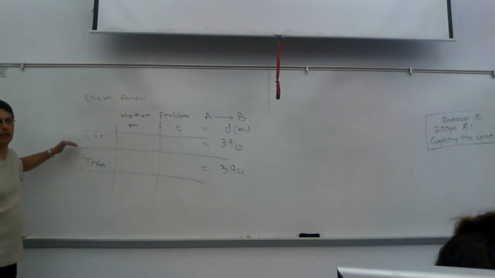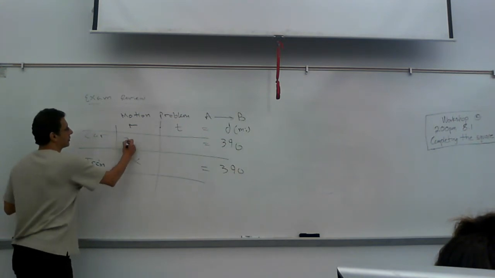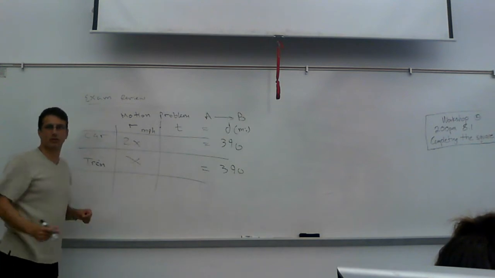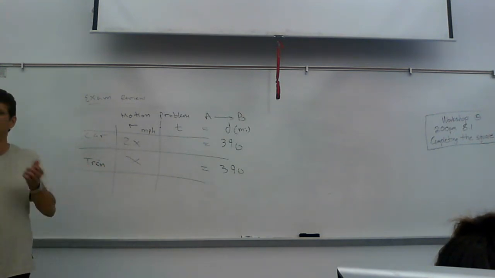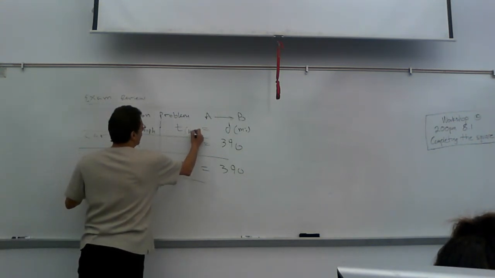The speed of the train, the speed of the car, I don't know. It's not given. But the relationship is that if this is x, this is 2x. Now, what are the units? mph, miles per hour, right? And the 6.5 is in hours, so we want to make sure we have the right units.